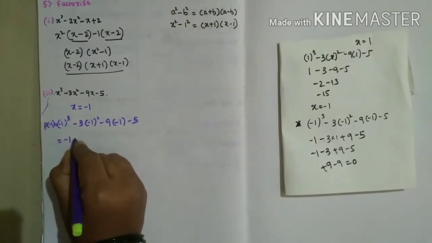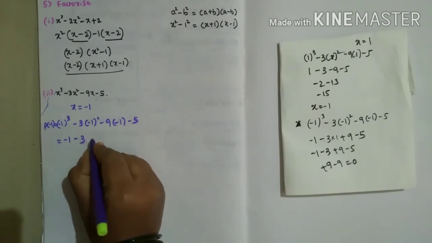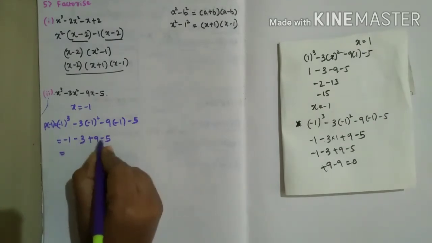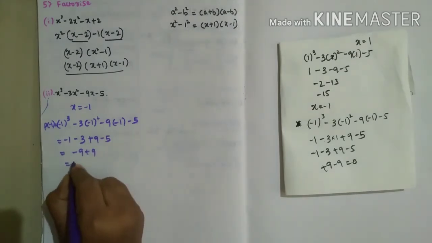Minus 1 minus 3, because minus 1 square will become plus 1 only. Minus into minus will become plus 9. All the negative numbers you have to add. Minus 1 minus 3 is minus 4, minus 5 is minus 9, plus 9 will become 0.